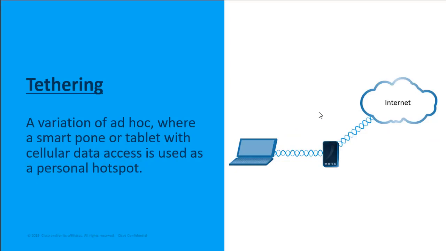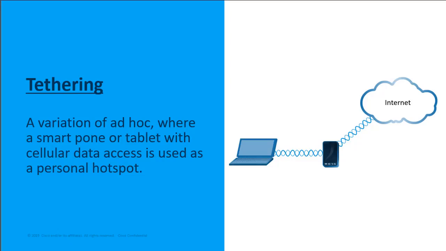Lastly, you could toss this in as an extra mode, but this would be tethering. With tethering, this is where you have a cell phone or a tablet with cellular data access connecting to cellular internet. But that cellular device is also running as an access point. We would call that a hotspot.